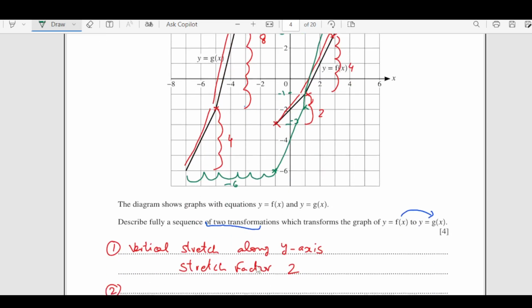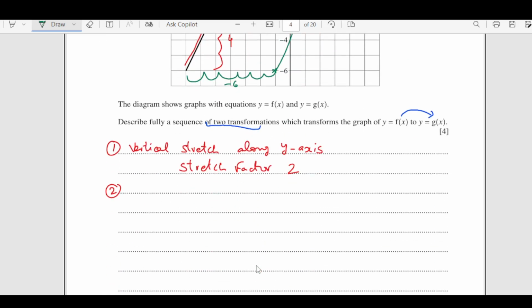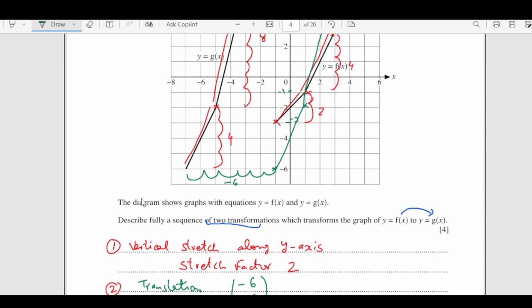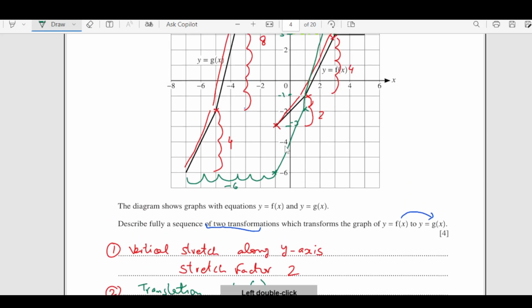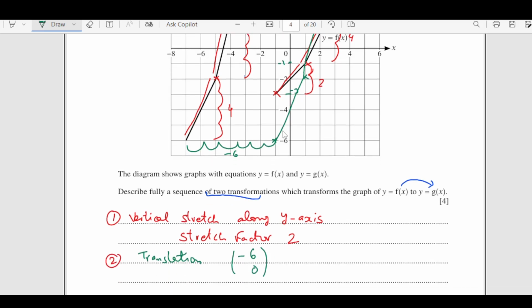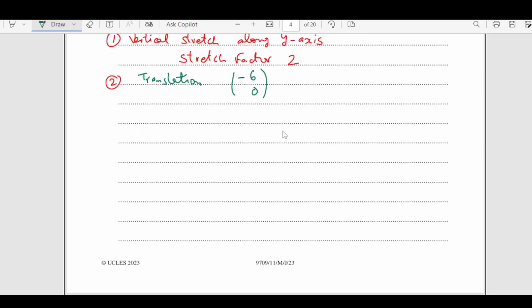So the second one is a translation along vector -6, and there is no change in the y direction, because after the stretch it automatically came over here. It has not been moved up and down, so it is just along the x-axis. So the x coordinate of the vector is -6.